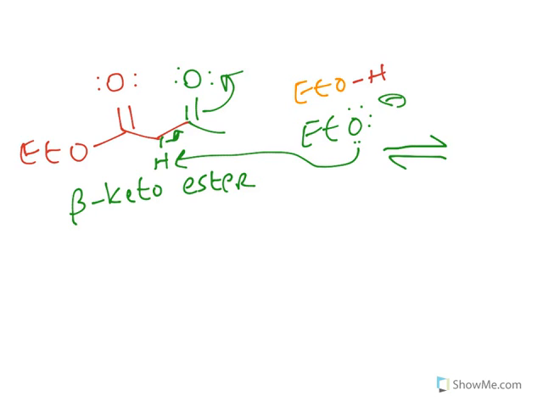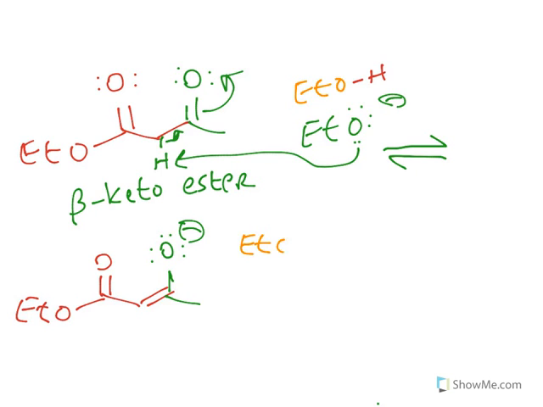It's going to go up to the keto because it's easier to resonate up through there. And now we have 2 molecules of ethanol. And the reaction is going to stop here.